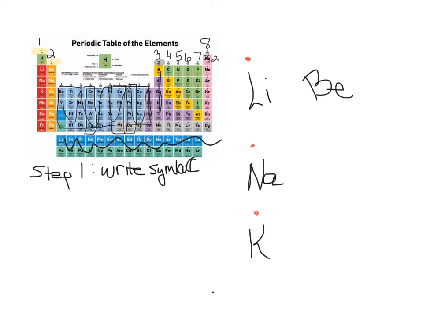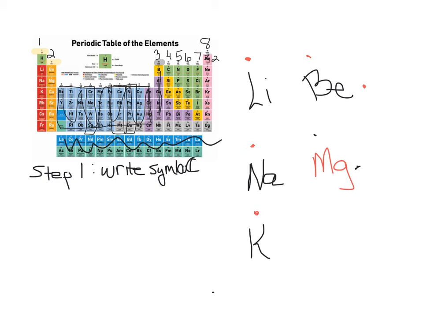So the way we would draw it is 1, 2. The next element in group 2 is magnesium. We would start the Lewis structure for magnesium by drawing the symbol, which is Mg, and the valence electrons would go 1, 2 on the side. It's part of group 2, right here, has 2 valence electrons.